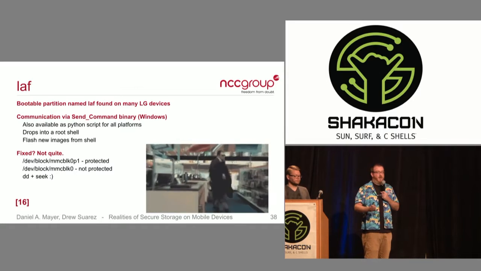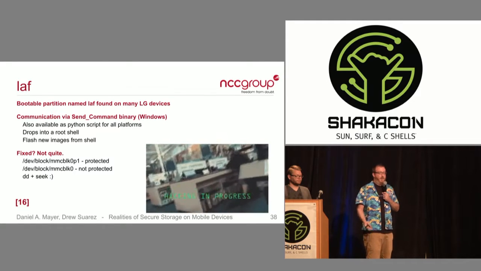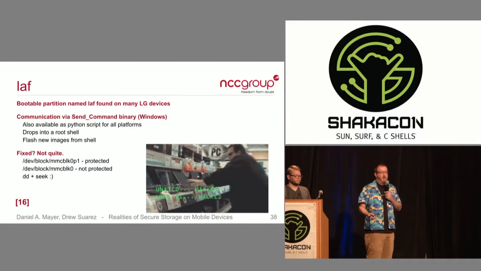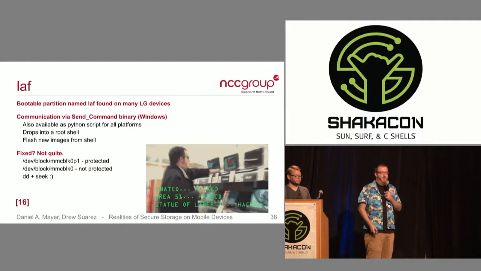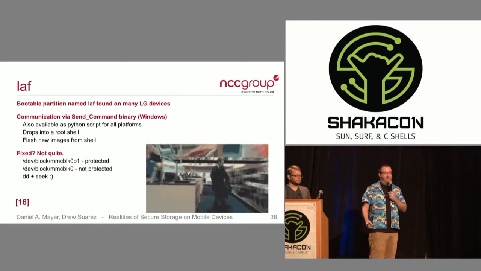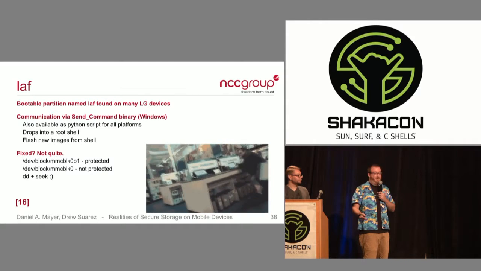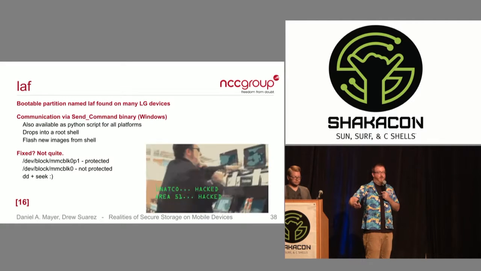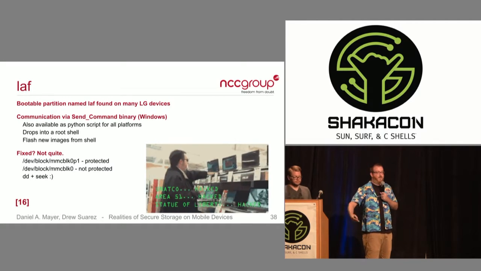So we'll just block the ability to write to, for example, mmcblk0p1. But they didn't block the root volume, the root of the block device. So using dd and seek, you could cleverly write to mmcblk0 and then just find the offset for the partition you want to overwrite and still execute this bug.